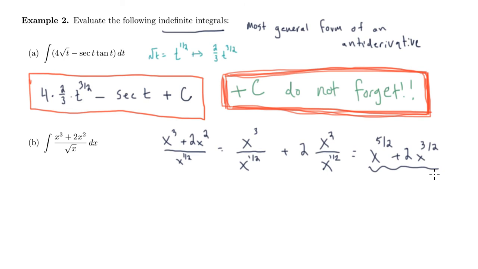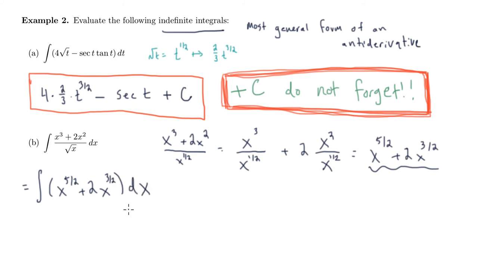This I can work with, right? Because I can just simply apply the power rule. So this is really equal to the indefinite integral of x to the 5/2 plus 2 x to the 3/2 dx.